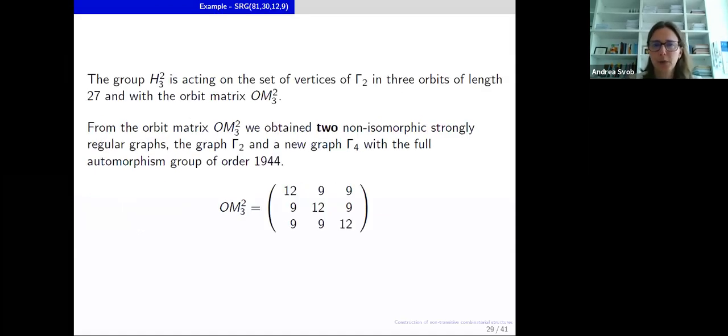The third subgroup of order 972 was acting on the set of vertices of the graph gamma 2 in 3 orbits, with this orbit matrix. Using this orbit matrix and the method that I was explaining, we constructed a new strongly regular graph with the same parameters, having an automorphism group of order 1944.